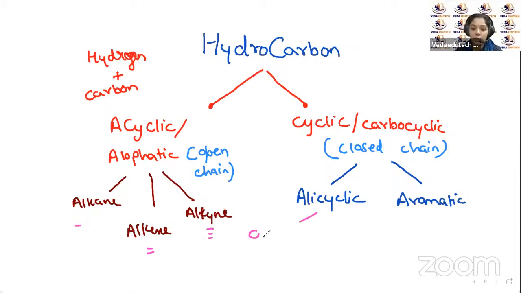That is cycloalkane, cycloalkene, and cycloalkyne. And aromatic, we have benzene.